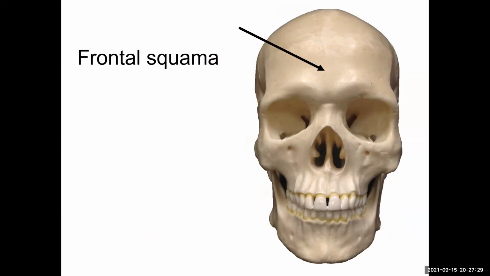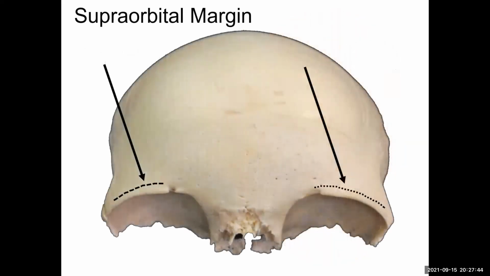Too many times people have put the wrong thing down and didn't bother to read the slide. They just looked at the arrow, saw what it was pointing to, and typed in whatever it's pointing to. That's the frontal squama.